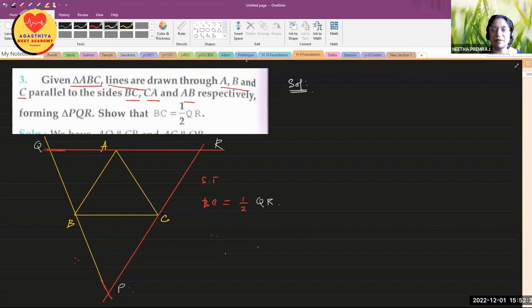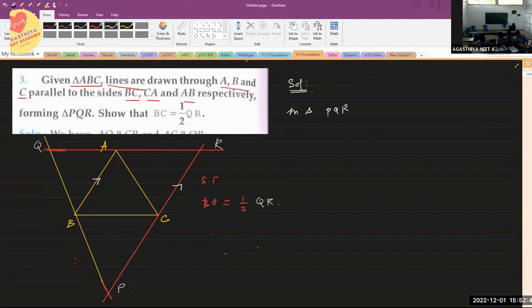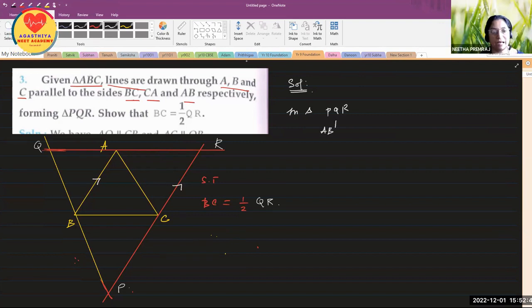See, one by one we will go. See, if you take the triangle, this is parallel to this, isn't it? So by BPT, you can write in triangle PQR, AB is parallel to PR, isn't it?